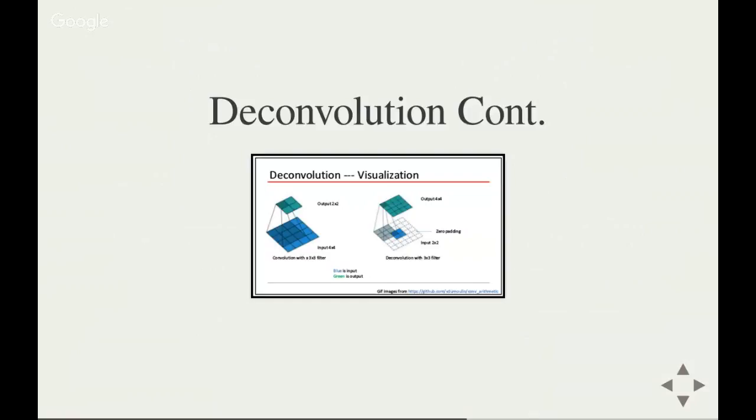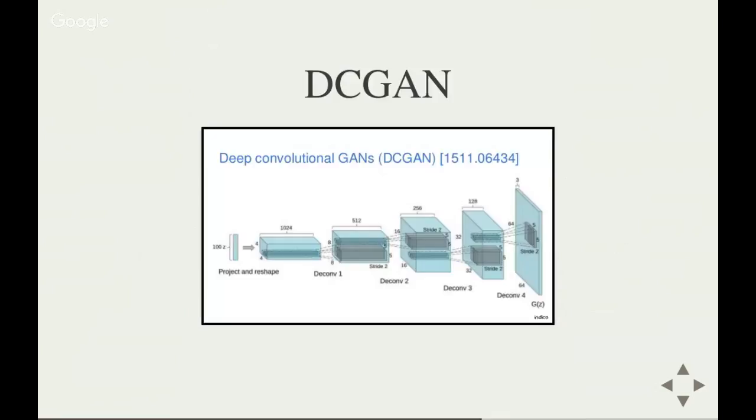With a deconvolution, we're literally going the other direction: from a smaller input volume, a collection of features, we produce an output. You do this multiple times and you end up with something that looks like an image. This one in particular was probably the first one that used convolutional nets to generate artificial MNIST data, artificial handwritten digits. It's called deep convolutional GAN, appropriately.